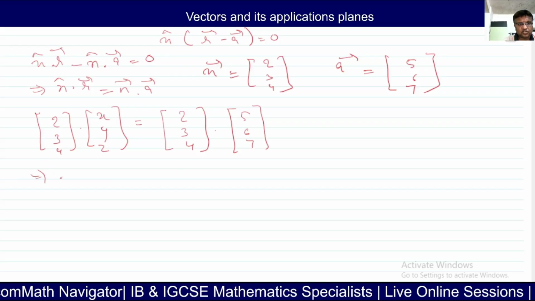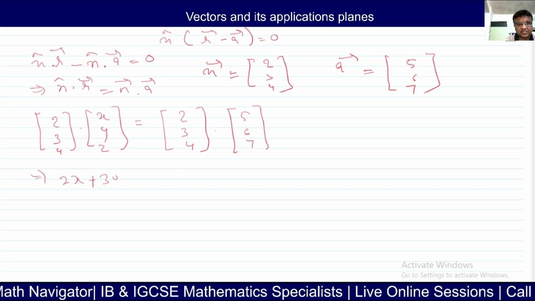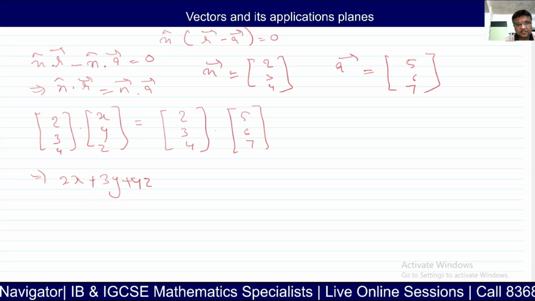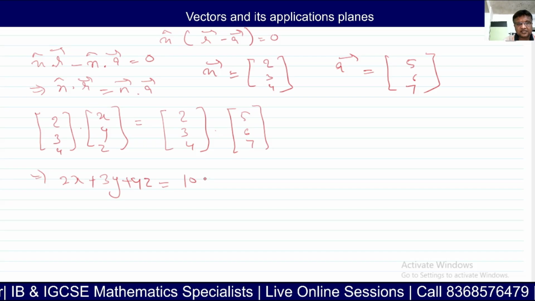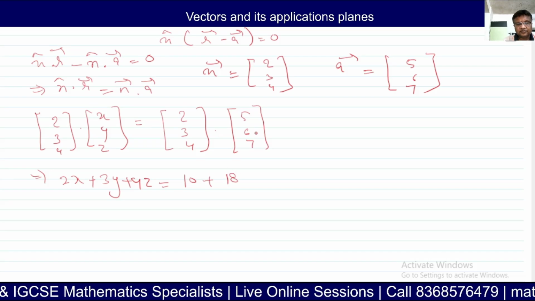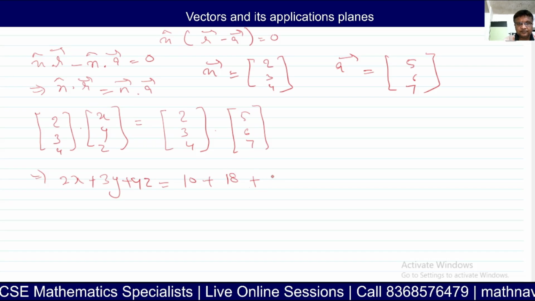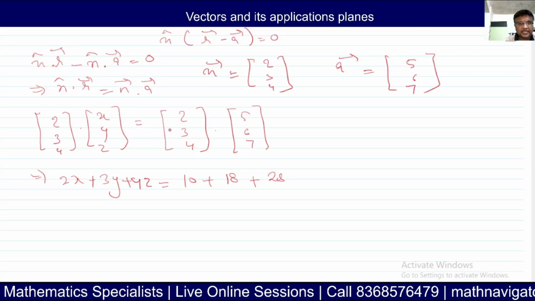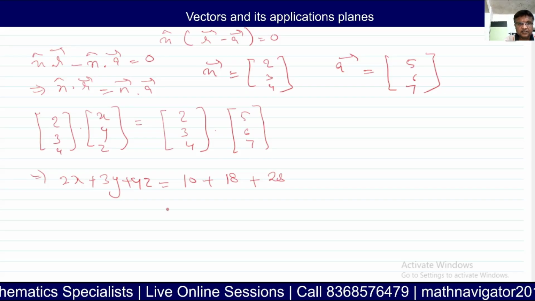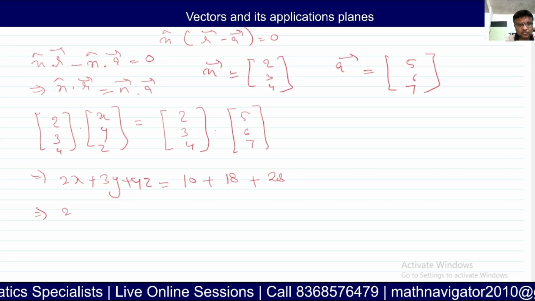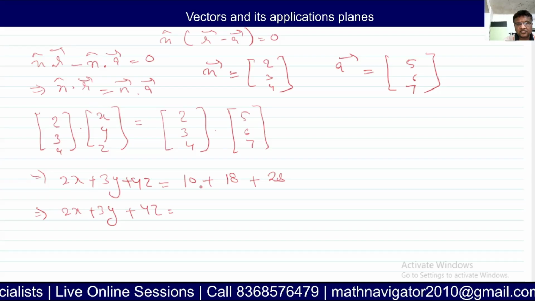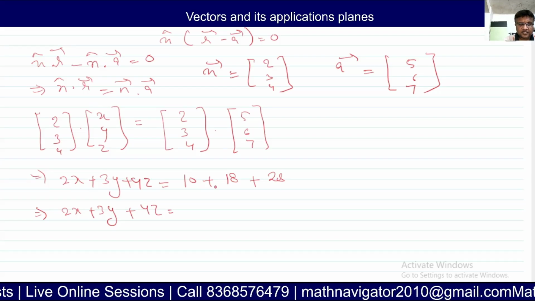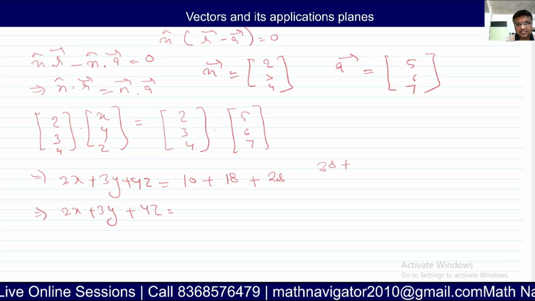This will give me 2x plus 3y plus 4z is equal to 5 times 2 is 10, 6 3s are 18, 7 4s are 28, right? This will become 2x plus 3y plus 4z is equal to 38 plus 18.